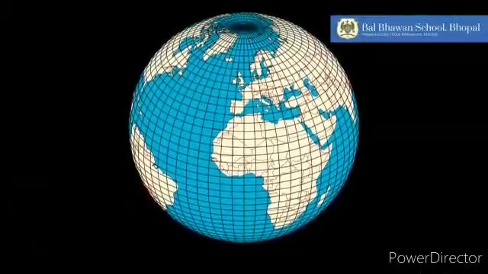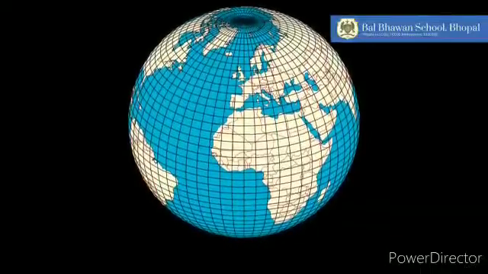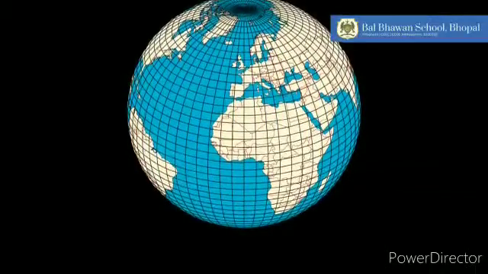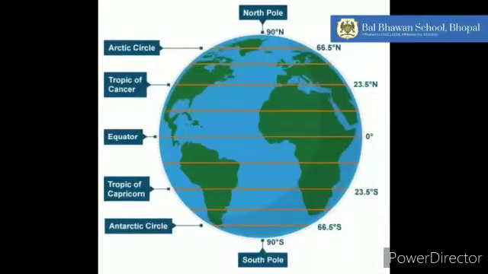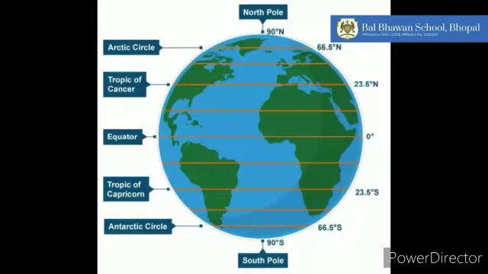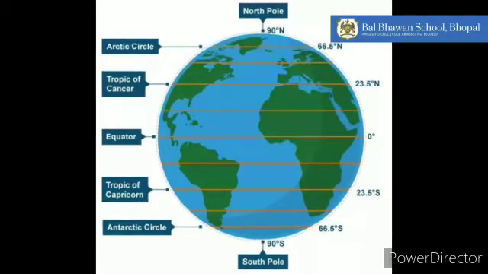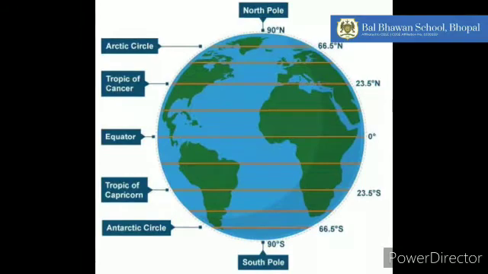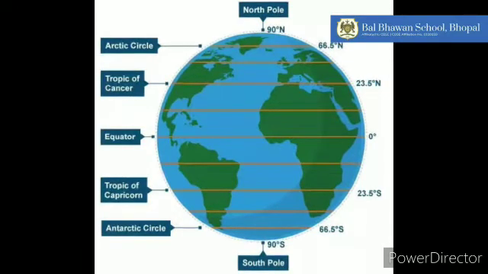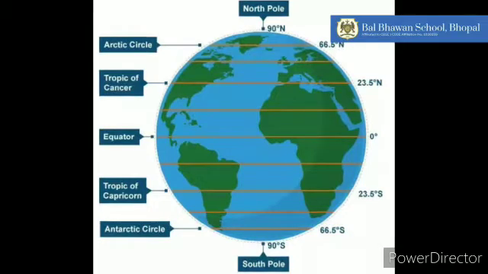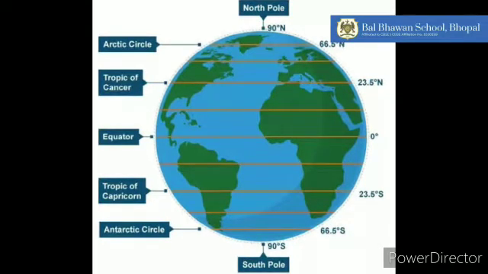Now, among these 181 parallels, there are a few important parallels that we all should remember. The first is the equator. Equator is marked as 0 degree. After that, we can see that the last parallel of the north, that is the north pole, is marked as 90 degree north.